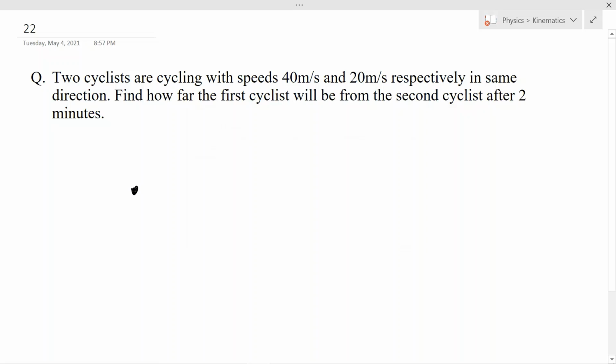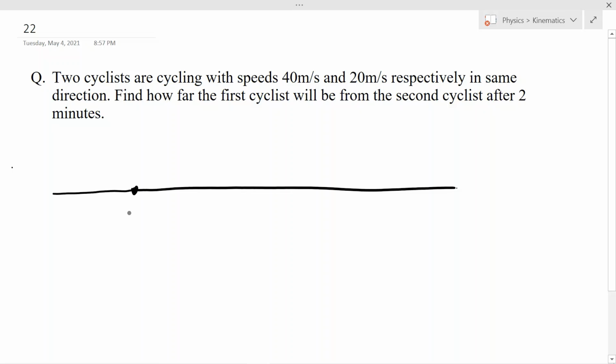Suppose there is this number line like this and two cyclists are cycling in the same direction. Yes, so they are coming from this, and let's say they meet here, because they have asked what is the difference of the position of these two cyclists after 2 minutes.